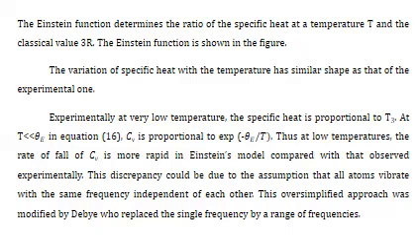Einstein's function is nothing but F of E. So F E gives the ratio between the specific heat at temperature T and the classical value 3R. What happens here is shown in the figure.